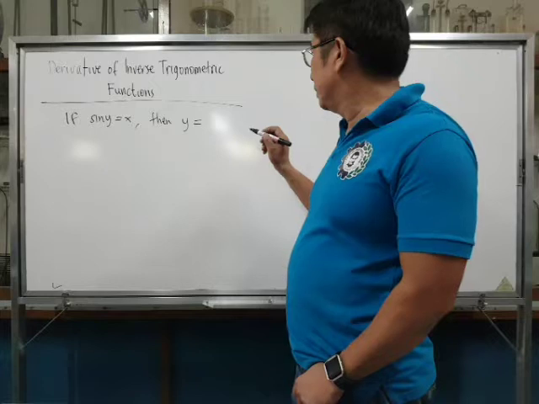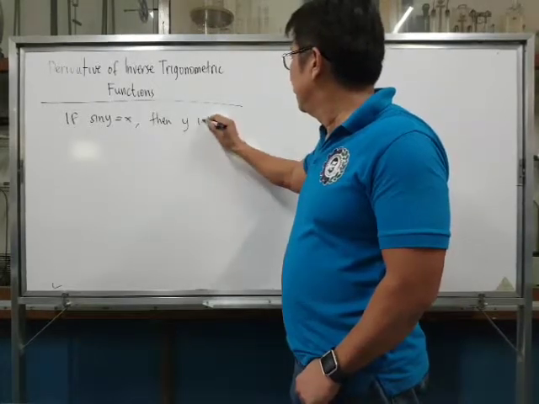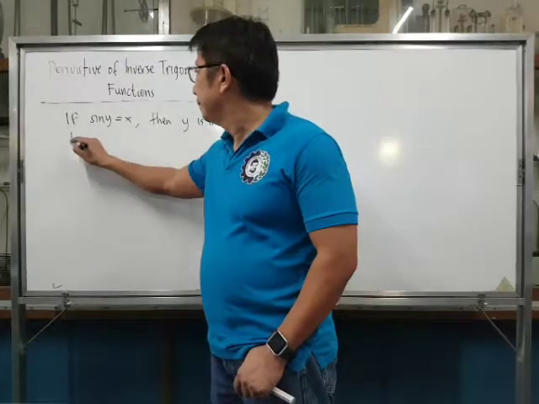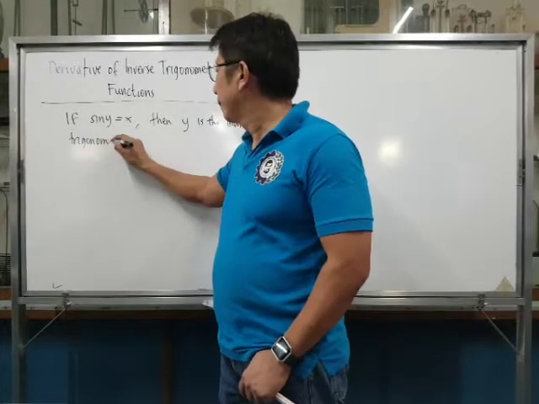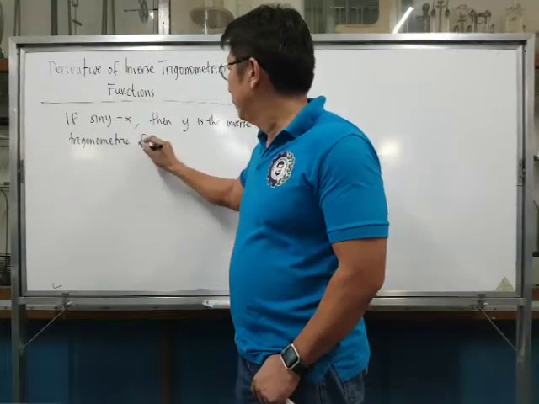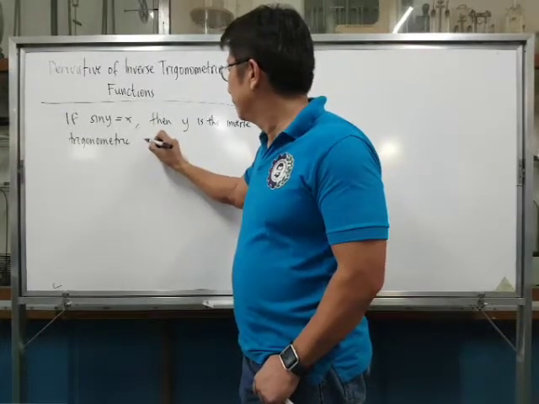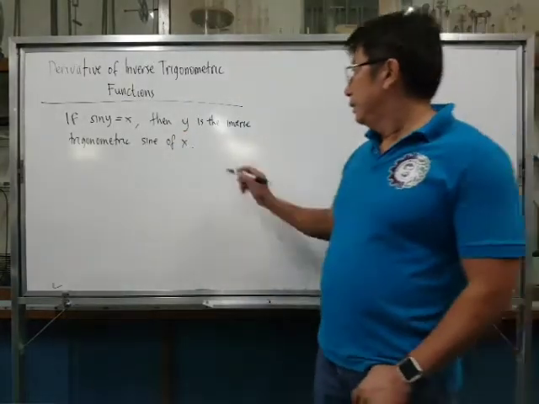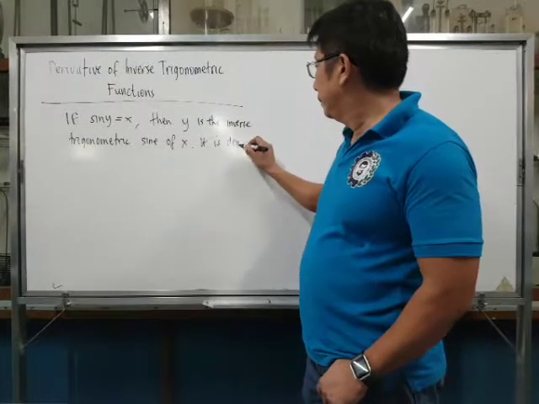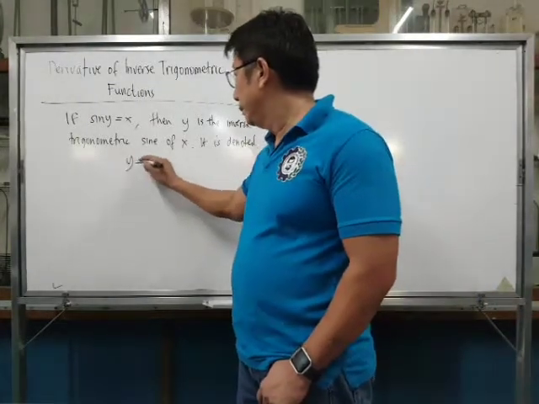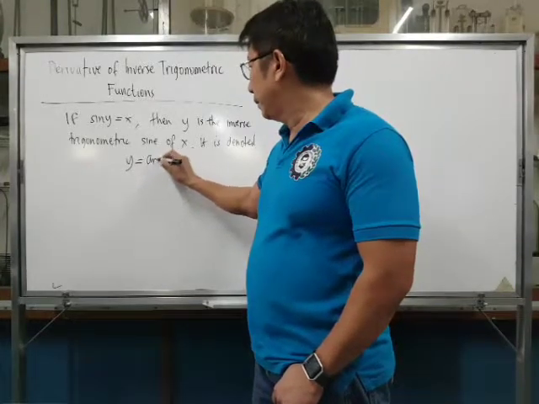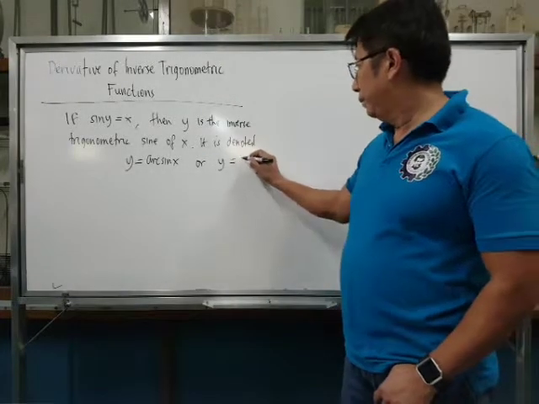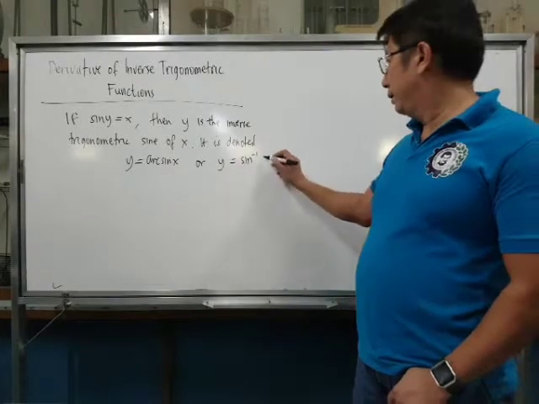So we will write it as y is the inverse trigonometric sine of x, and it is denoted by y equals arc sine x, or we can also write the notation y equals sine to the negative 1 of x.